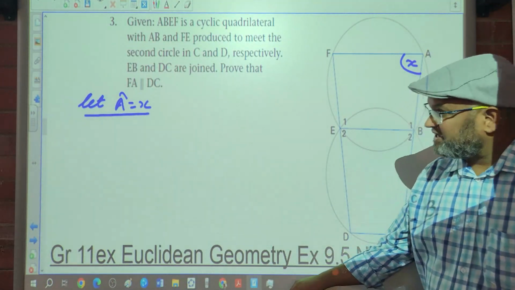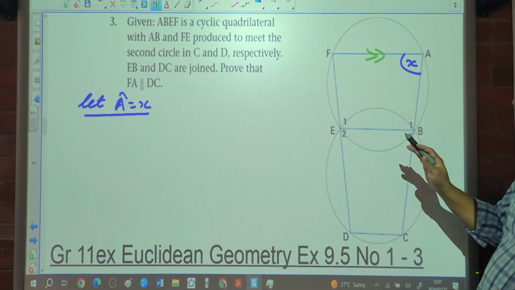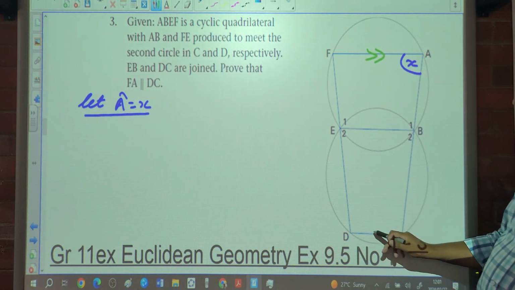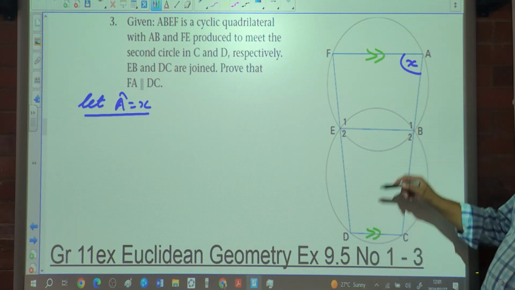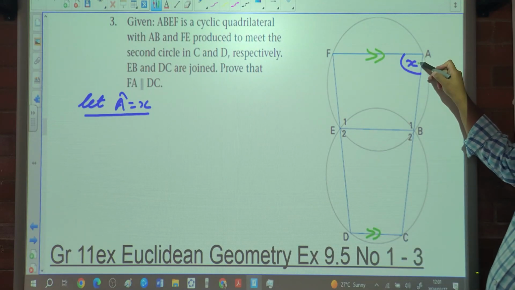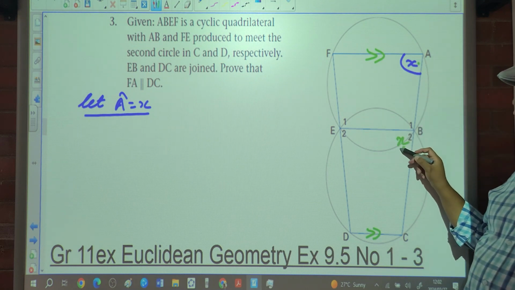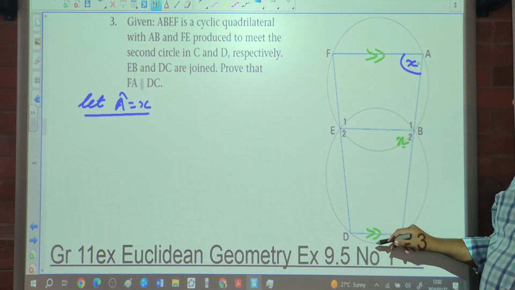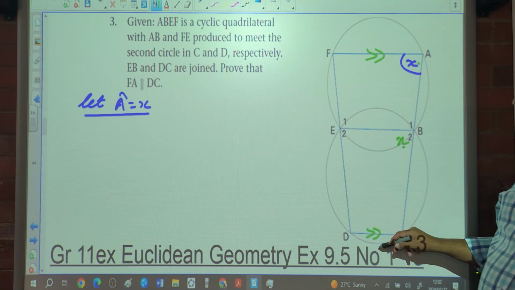Let's take it one step back. If FA was parallel to DC, then what could we have said? Angle A is equal to B2, yes. So there would be X. But would they have proven that? No.